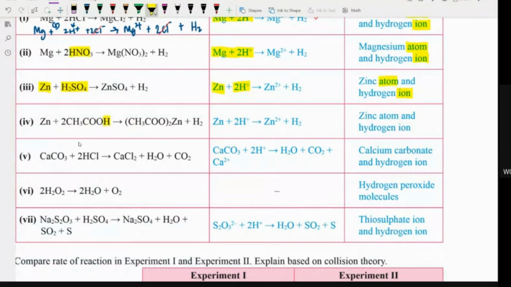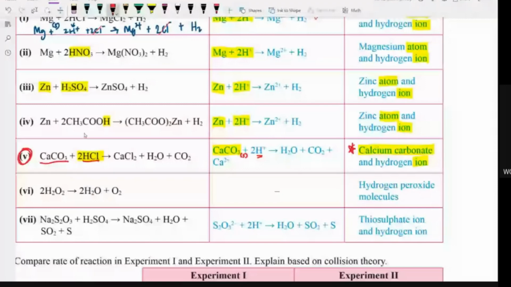You just mention calcium carbonate, with no need to mention atom, molecule, or ions. You just say calcium carbonate collides with hydrogen ions from the acid. The acid still uses hydrogen ions, so only calcium carbonate is different. Pay attention here. We put a star. For calcium carbonate, no need to mention what it is.